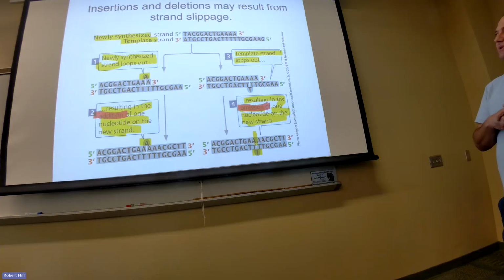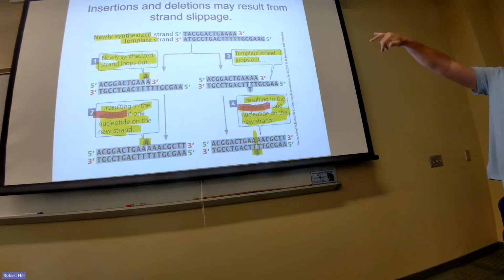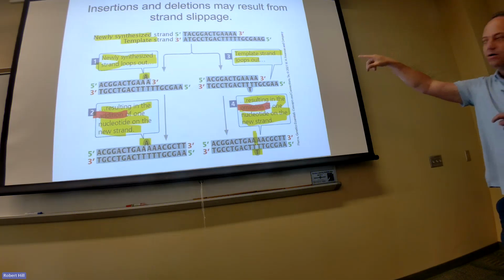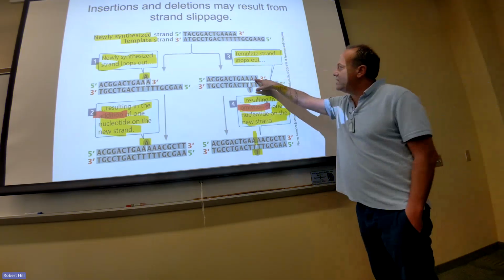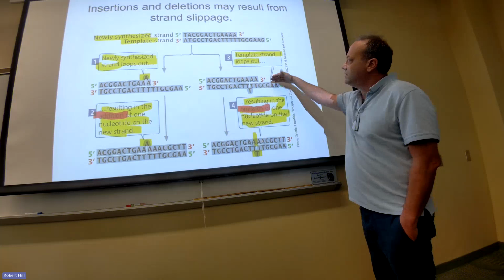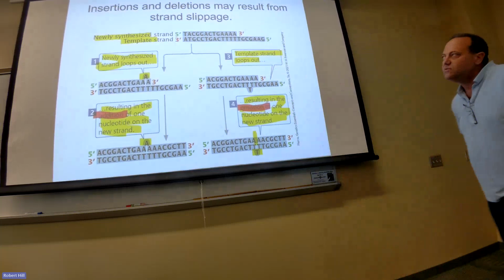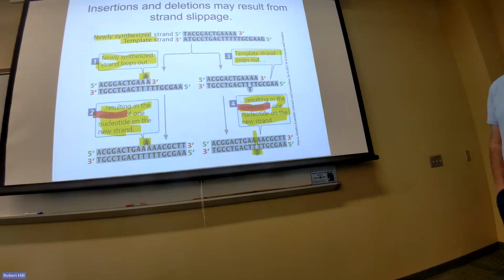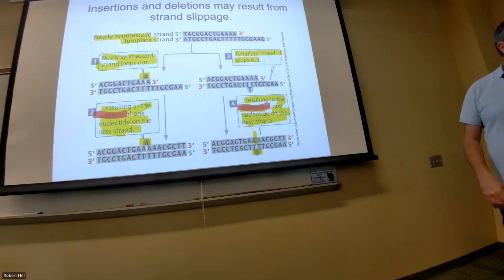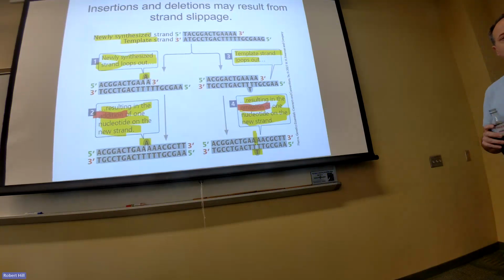And then on the template strand, look, we've got 5 T's here. The template strand is slipping, so one nucleotide is bulging out. Then when DNA polymerase comes and does its work, this side is going to be lacking a nucleotide. So strand slippage affects both the newly synthesized and the template DNA.